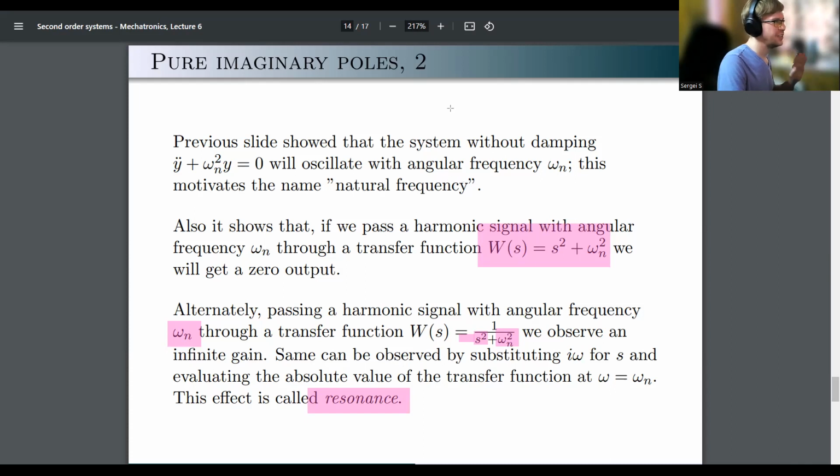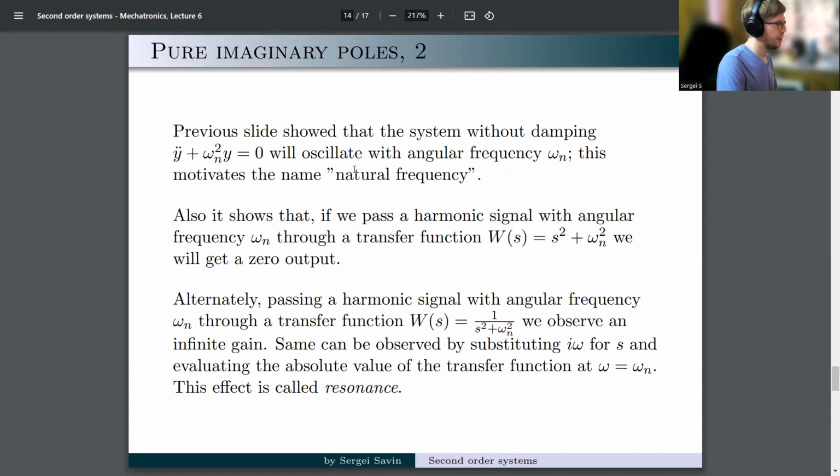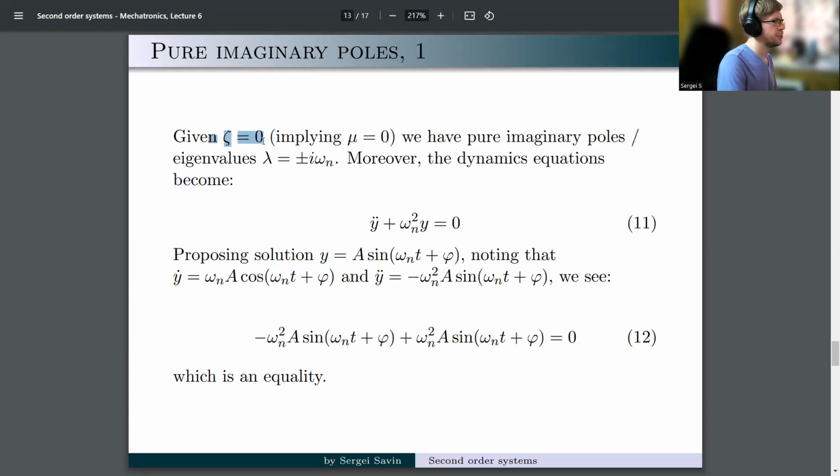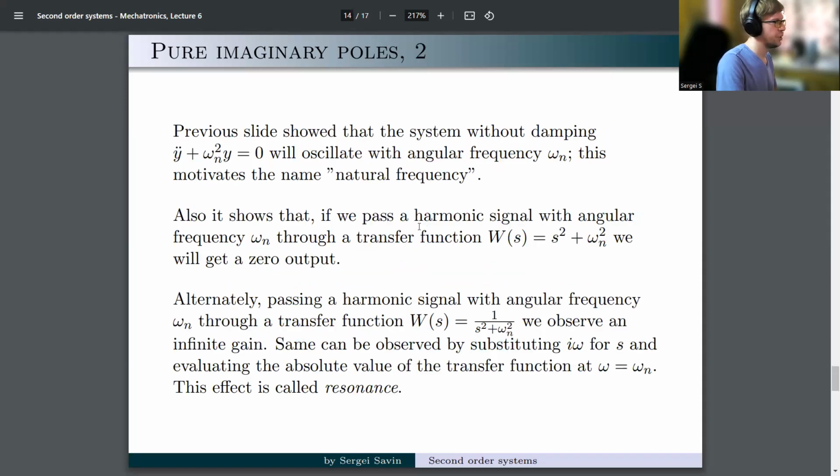And now you can see where resonance comes from. Resonance comes from considering eigenvalues of a system with 0 damping, which looks like this, or like this if you want. You can then reduce the solution for the system, which you can just directly plug in.